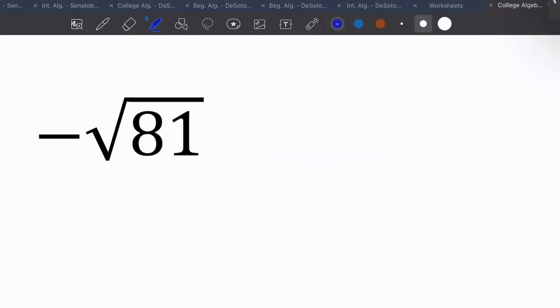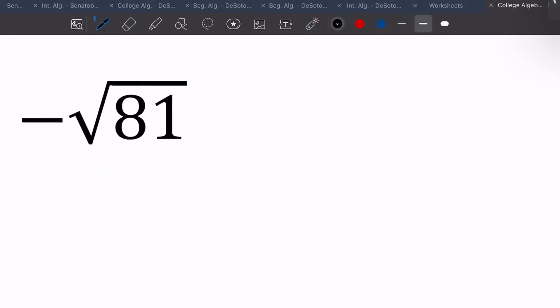What about the negative square root of 81? If you remember what I said a second ago about negatives, we are okay here because our negative is outside the house. It's not inside, it's outside. So we know we're going to end with a negative number.